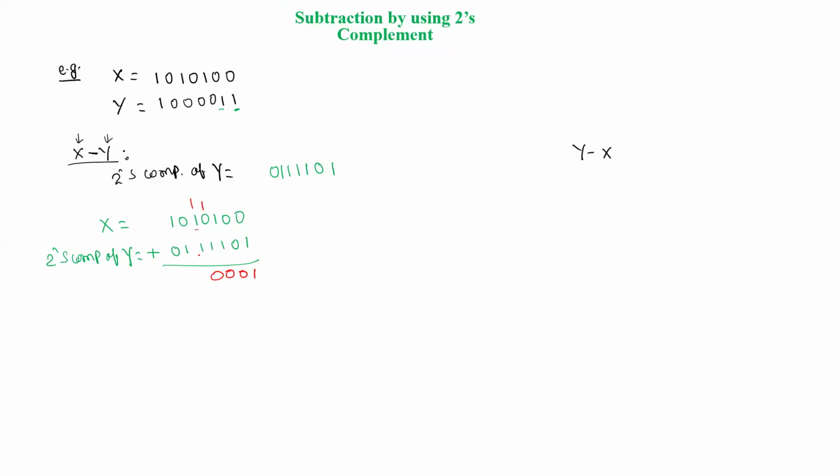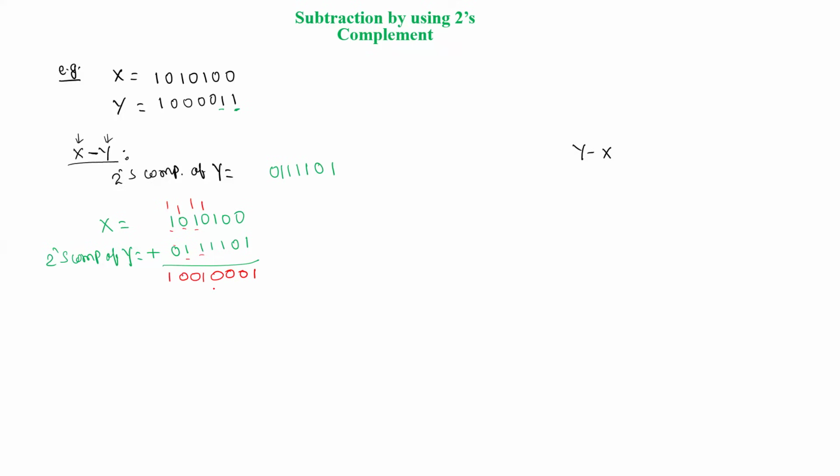Now 1 plus 1, sum is 0, carry 1, but this 0 will be added with the previous carry, so there is 0 plus 1, what is here? 1. Now 0 plus 1, 1, and this carry 1 plus 1, sum is 0, carry 1. 1 plus 0, 1. This carry 1 plus 1, 0, carry 1.